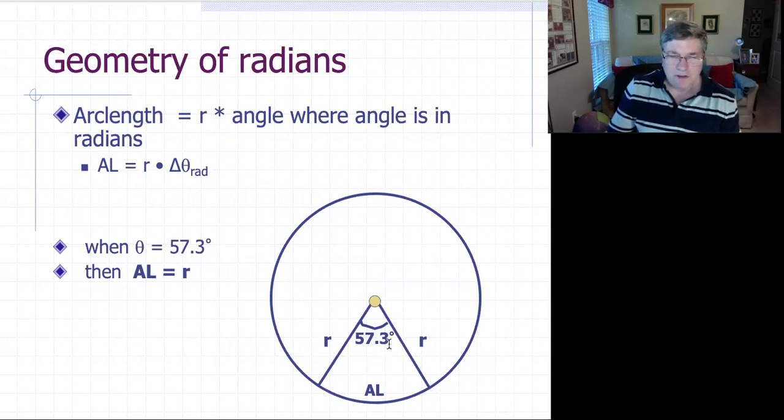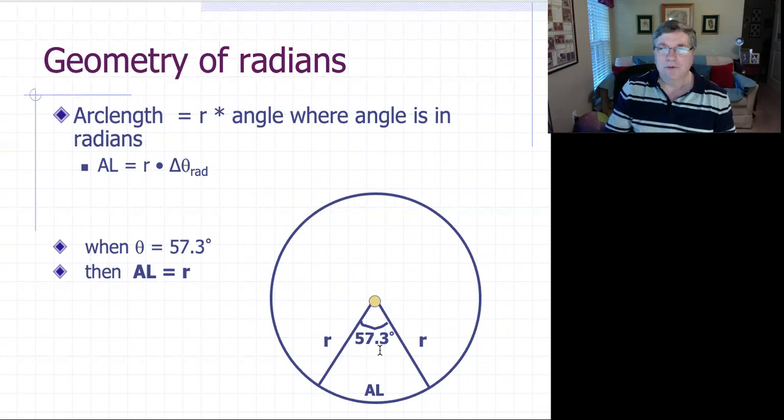So why is 57.3 degrees interesting? Again, the radius and the arc length are the same, this is actually 1 radian. 1 radian. So if we said arc length is equal to the radius times the arc in radians, and that arc in radians is 1, then the arc length and the radius are exactly the same. So this is, again, like a magic angle. And if we cover a full circle, there happen to be 2 pi radians.